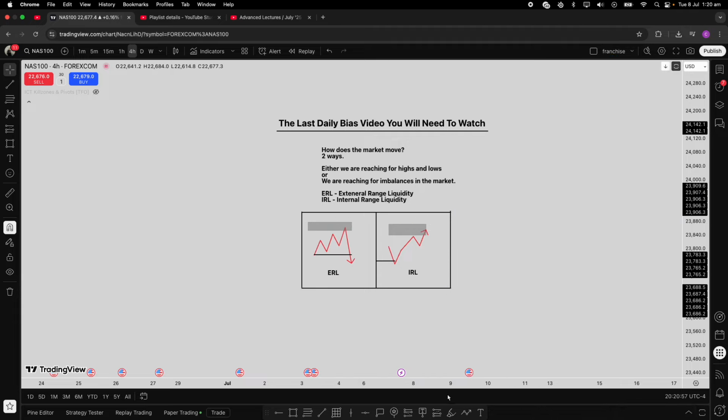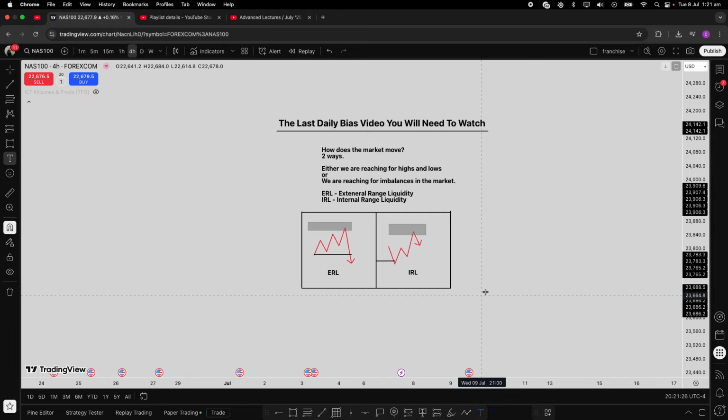So if we know this, we can use this on the higher time frame. I know this is such an ugly drawing, but just let me cook. That's better. So if we know this, if we're drawing for lows or highs, or we're drawing for internal range liquidity, how can we form a daily bias? What can we use?